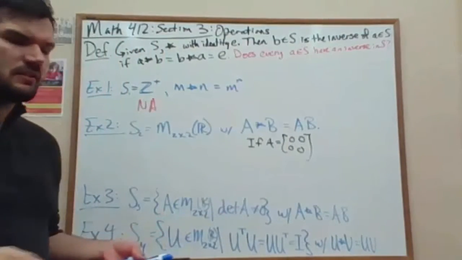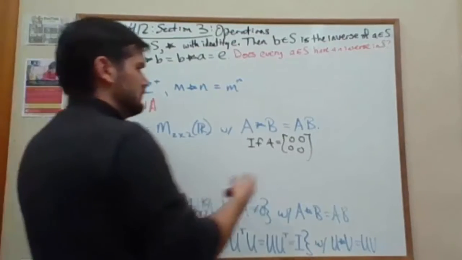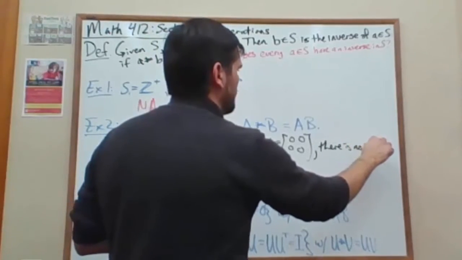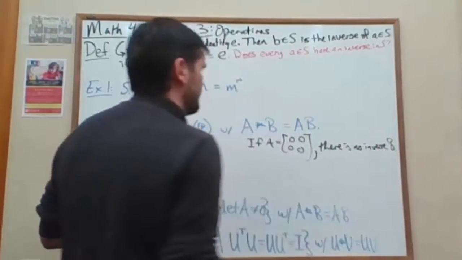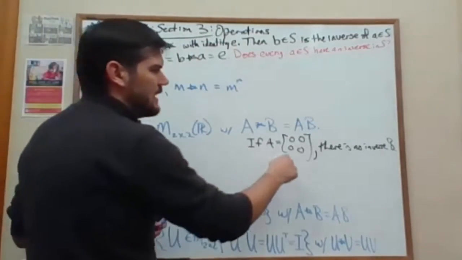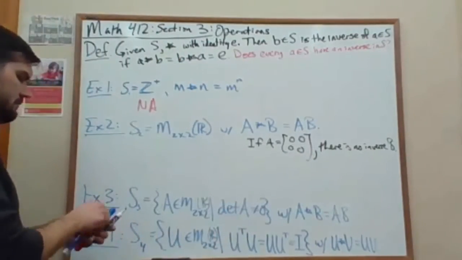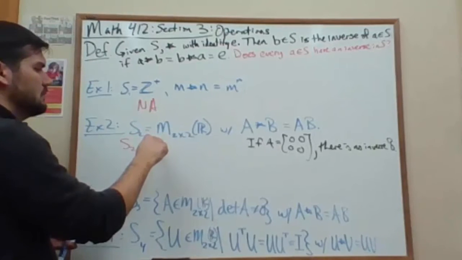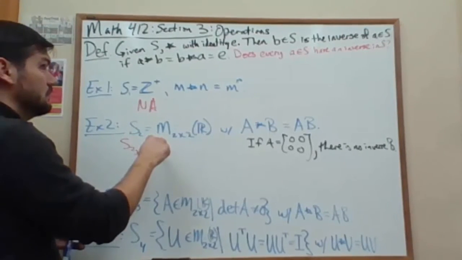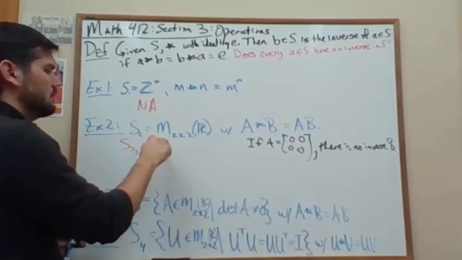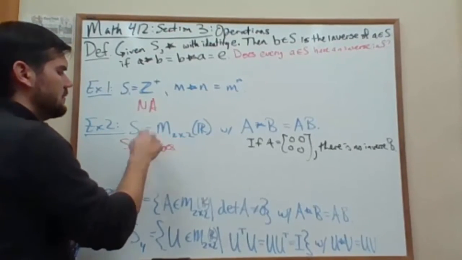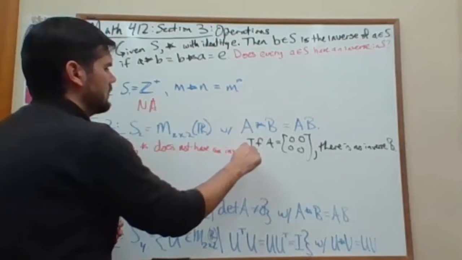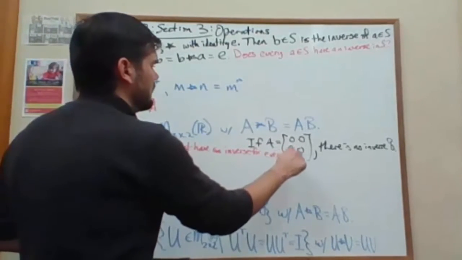Specifically, the zero matrix has no inverse. There's no B such that A times B equals I. So this set with operation does not have an inverse for every element.